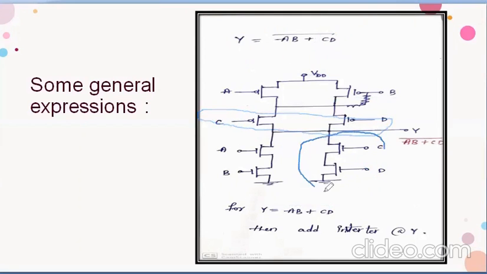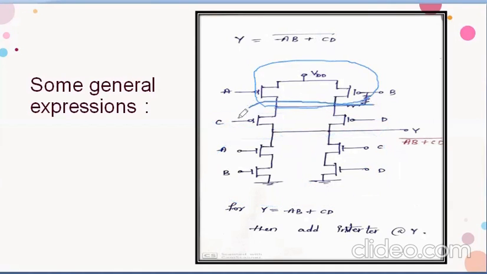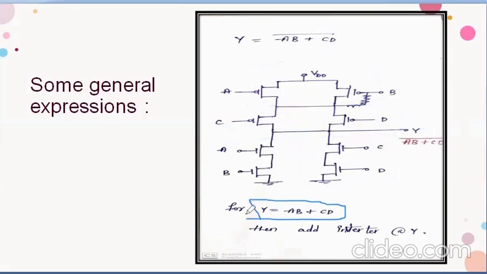Now these two circuits are connected in series, cascaded. So in this way, we can obtain our required Boolean expression. And if you want to get A equal to AB plus CD, we have to connect one NOT gate here.